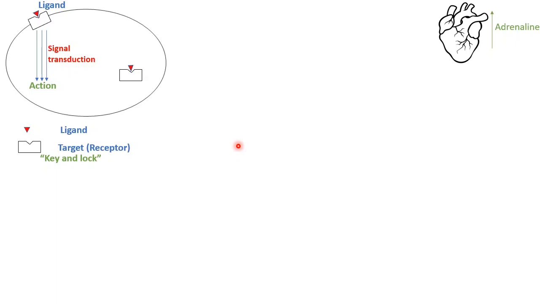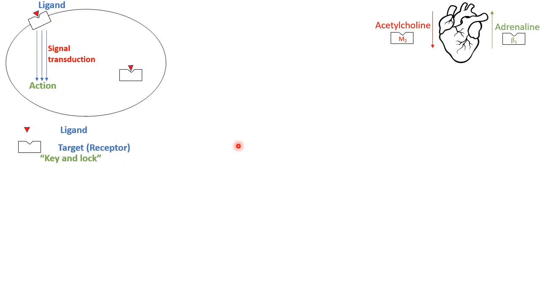This happens by the action of adrenaline on a receptor called beta-1, and our heart rate is decreased through the action of a molecule called acetylcholine on a receptor called M2, or muscarinic type 2 receptor.